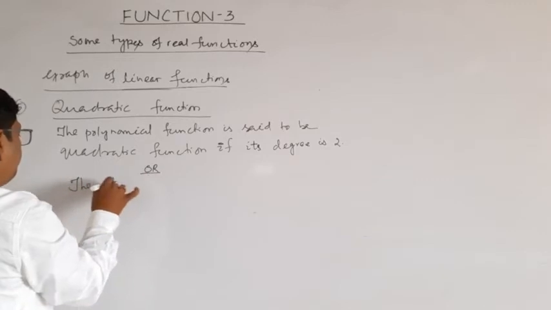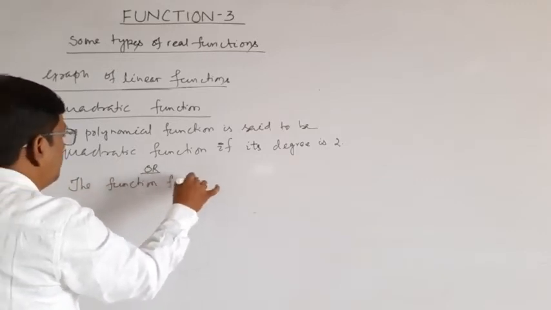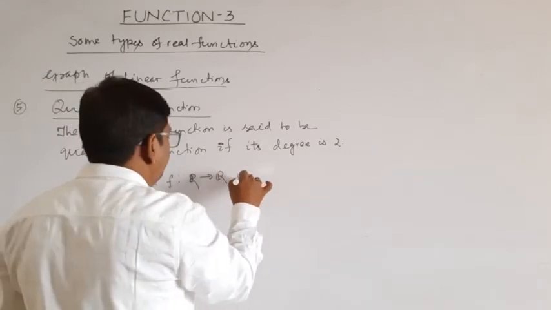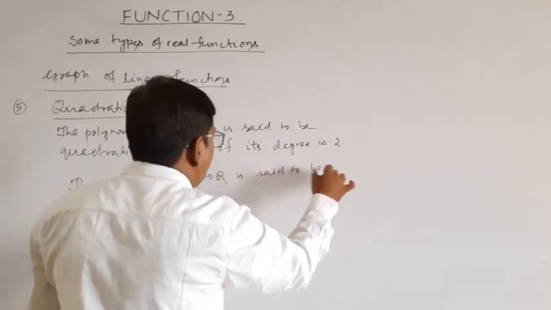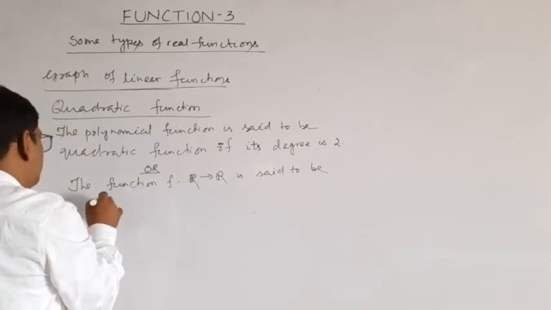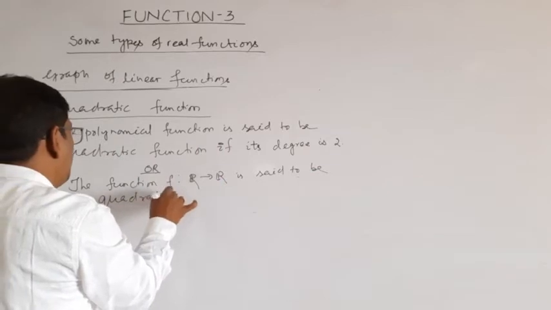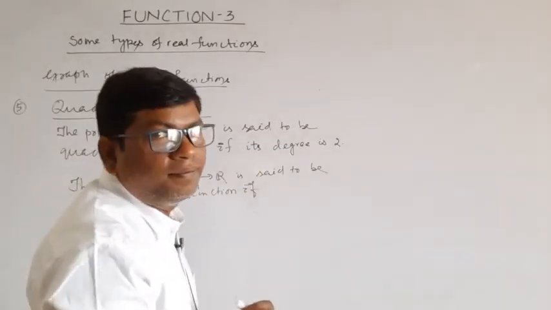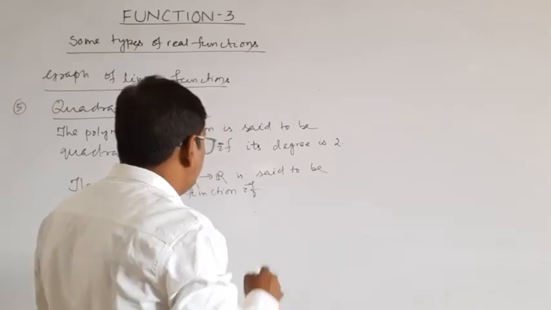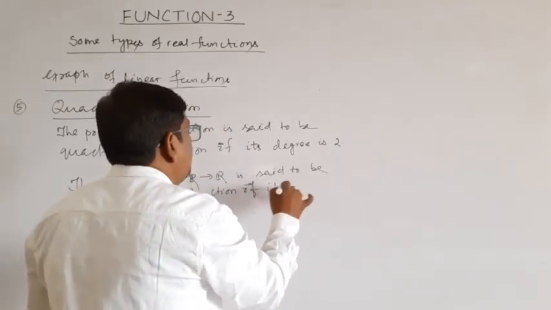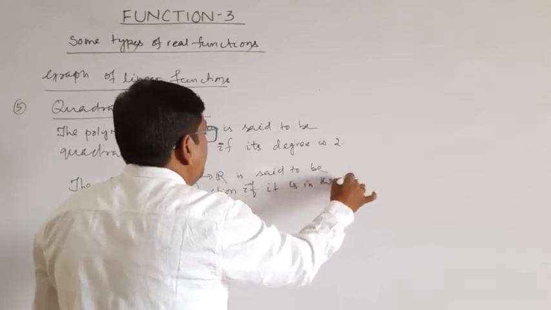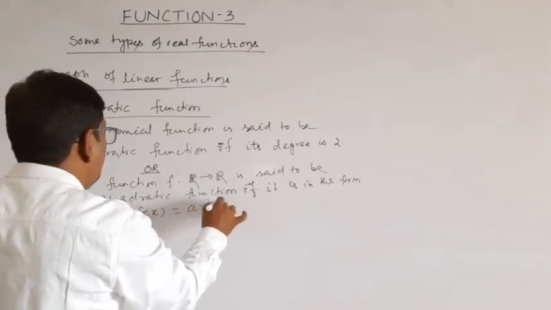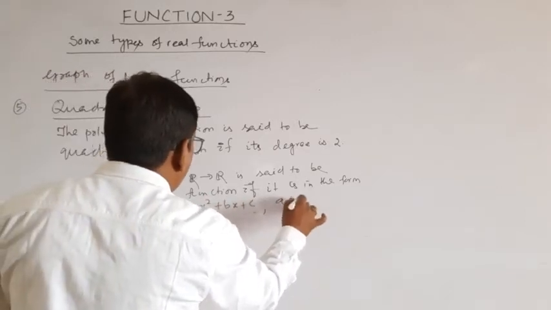the function f from R to R is said to be a quadratic function if it is in the form of f of x is equal to ax square plus bx plus c, a not equal to 0.